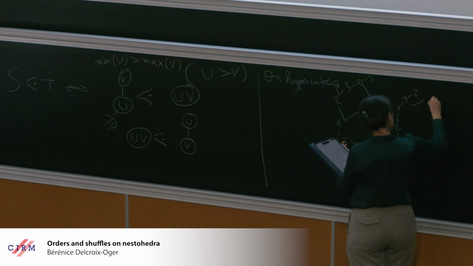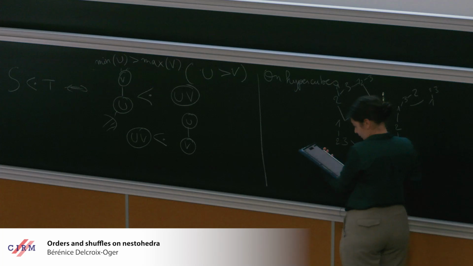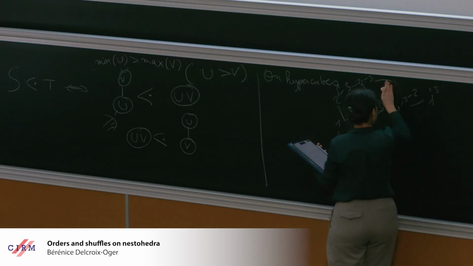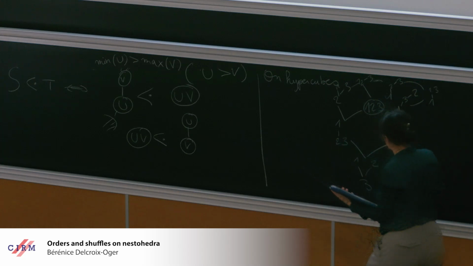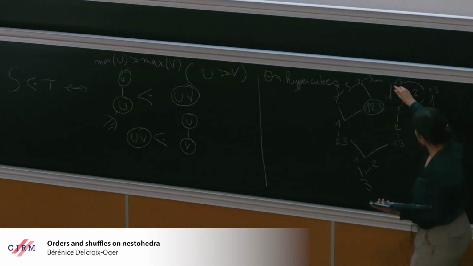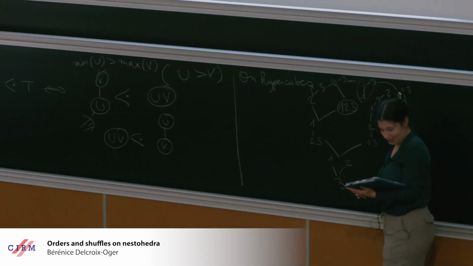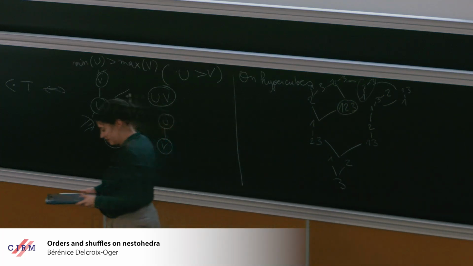Above this one is 1, 2, 3. And above both is 1, 2, 3. So it's a bit ugly, but so here is the maximum element, and here is the minimum element in the hypercubes.